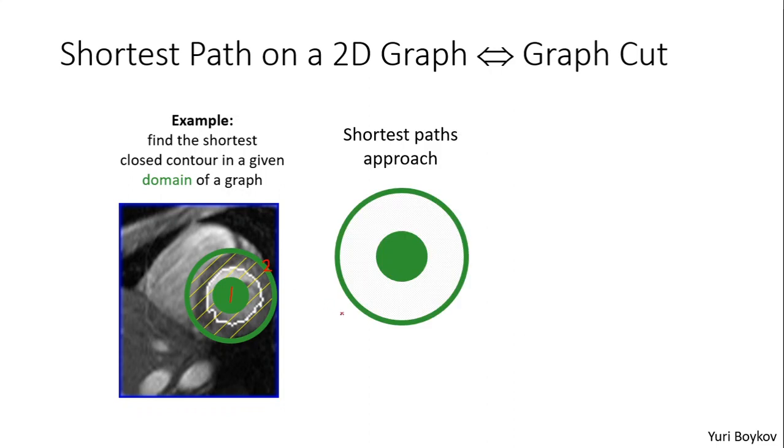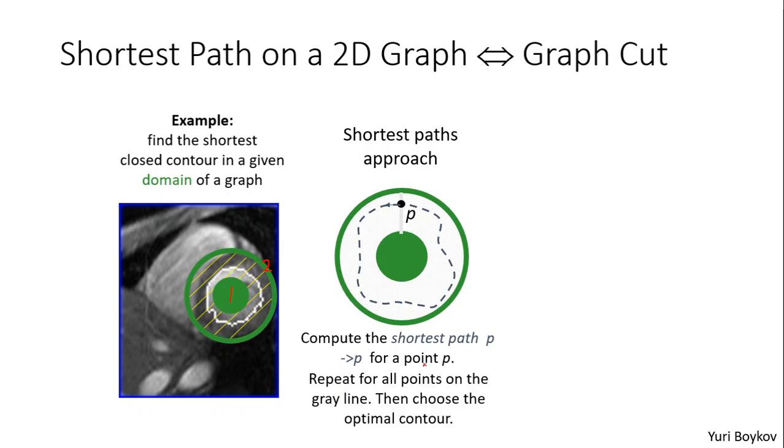This can be done using the shortest path algorithm. We find one point P and compute the shortest path from P to P, and then we have a cut and we have separated the two regions. Repeat for all points on the gray line, then choose the optimal contour.